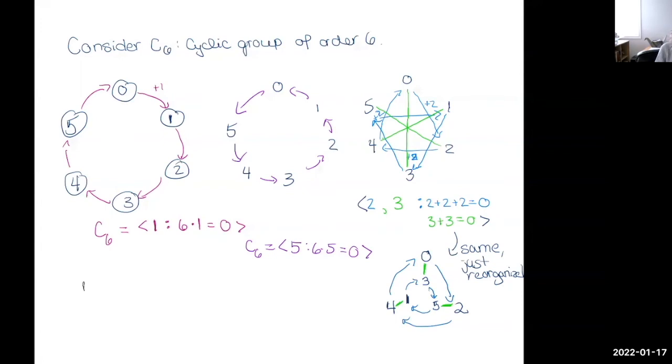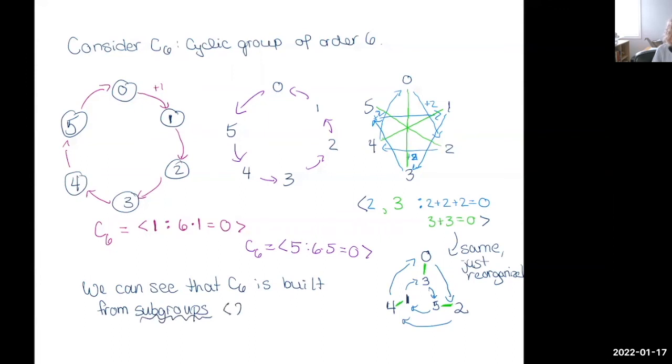We can see that C6 is built from subgroups that are generated by 2. So this is a set containing 0, 2, and 4 in the outer ring, and 3 containing just 0 and 3.